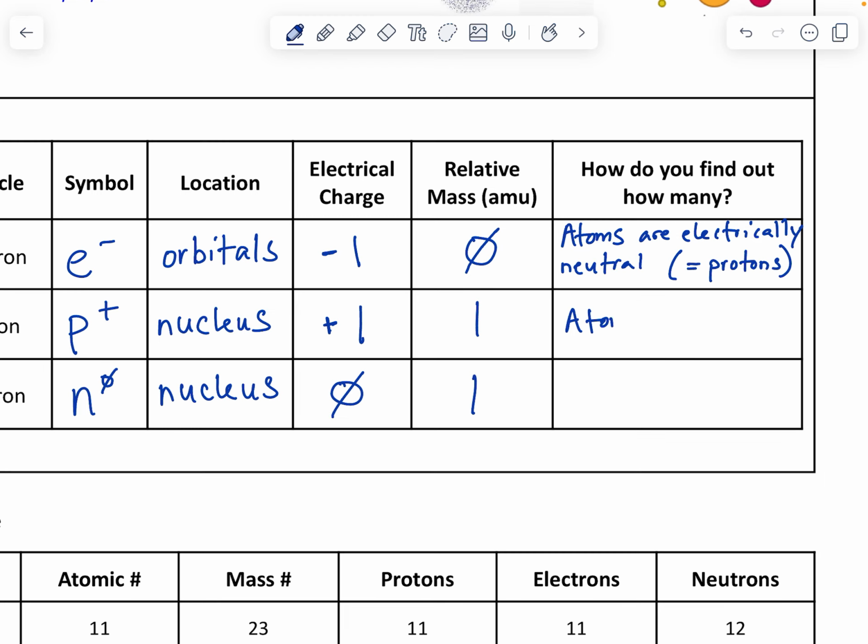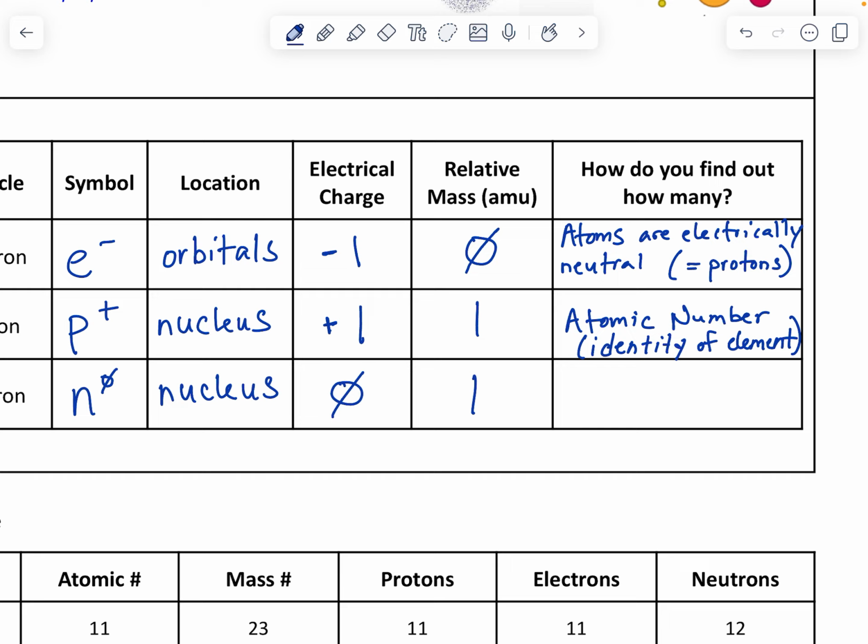The protons are the atomic number, and we saw that the atomic number we can see in our periodic tables. It's labeled, and each element has its own identity or identification number, which is this atomic number. So this is the identity of the element of which the atom is that we are representing.